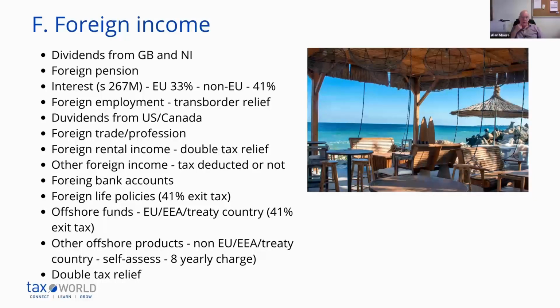So if you were living in Donegal and working across the border in the north of Ireland, then you might be on UK PAYE, and at the same time you have to declare your UK income in Ireland, and the transborder relief essentially reduces your Irish tax liability to the equivalent of the UK PAYE that you've already paid. That's how it works in simple terms.